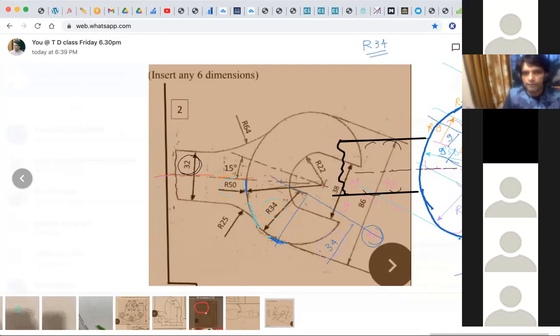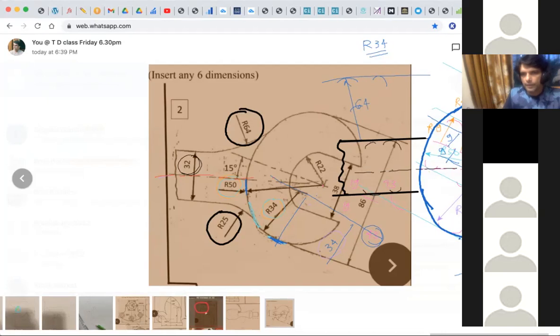Now what we need to draw? We need to draw 64 and 25. Both are external. From here I will go 64 parallel line. This radius is how much? 64.